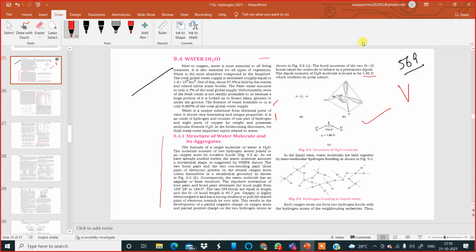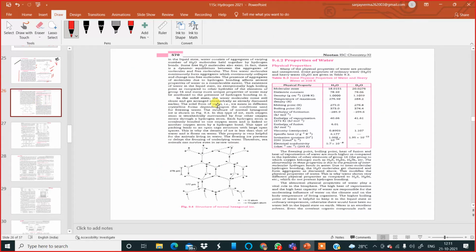Now, if you talk about the liquid state of water, the water molecules are held to each other by intermolecular hydrogen bonding, as shown in the diagram. Each oxygen of one water molecule is linked to the hydrogen of other neighboring molecules, which results in intermolecular hydrogen bonding. That is in the liquid state.